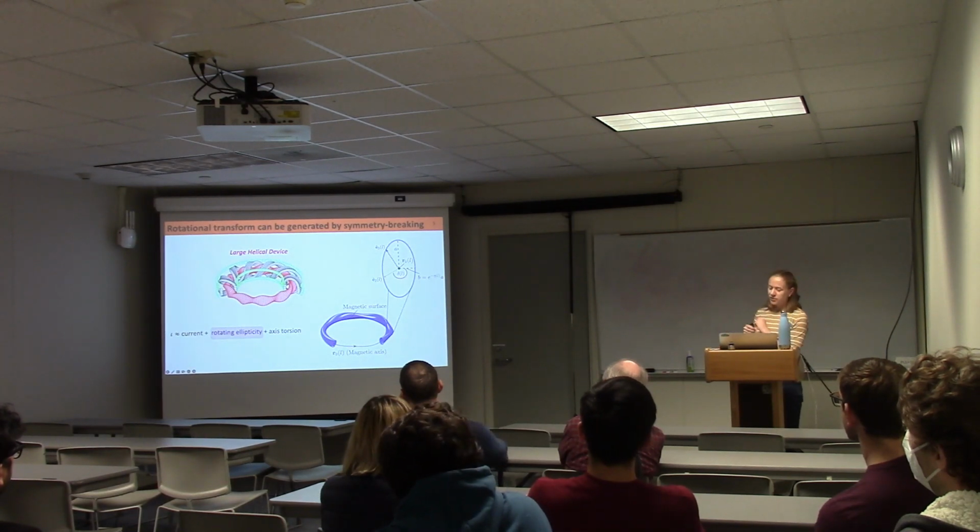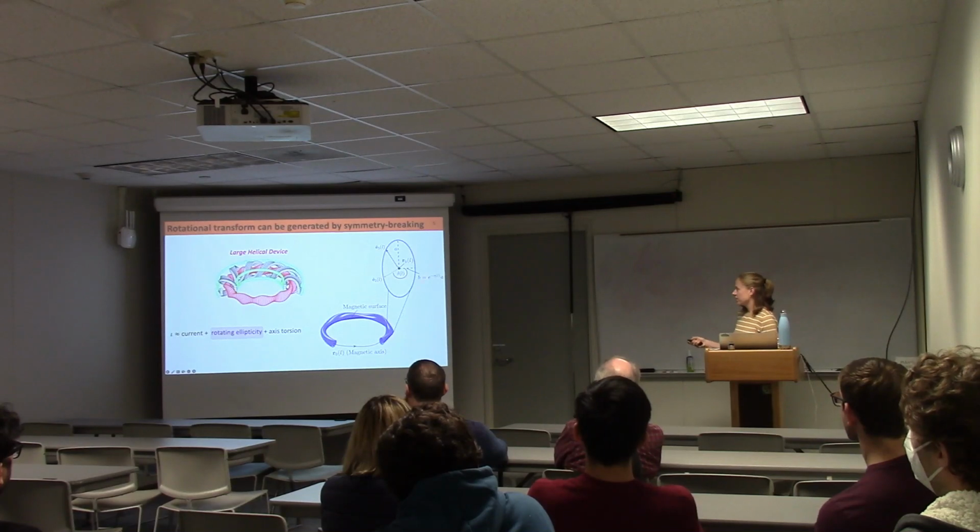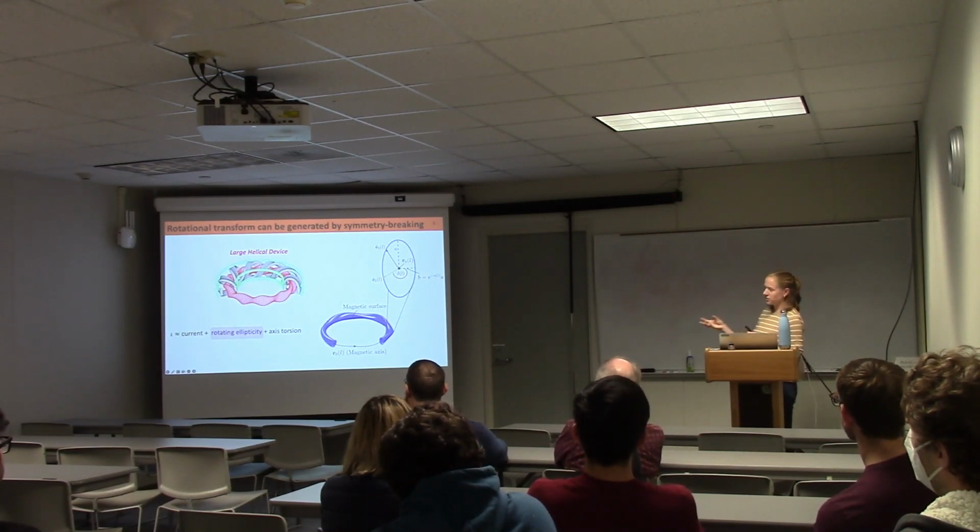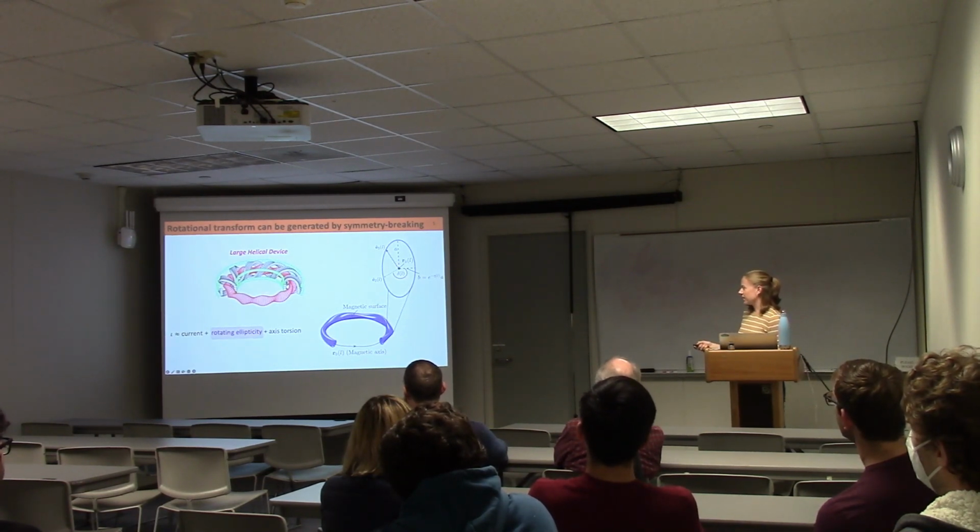And near this core of the device, the magnetic surfaces are elliptical in shape, which are pictured here. As you go around the device, the ellipticity of these surfaces begins to rotate, and that rotation gives you the twisting of the field lines, which gives you the rotational transform. This mechanism is used in a stellarator called the Large Helical Device in Japan, which you can see pictured there.